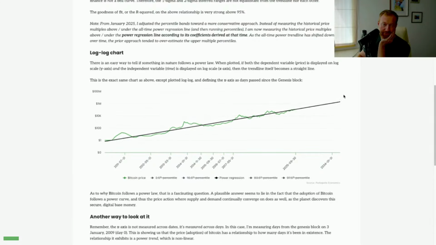That's what a power curve does. You can't look at that curve and tell me it's exponential. And you can't look at that curve and tell me it's not power.